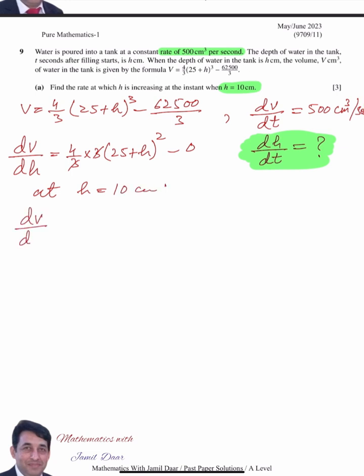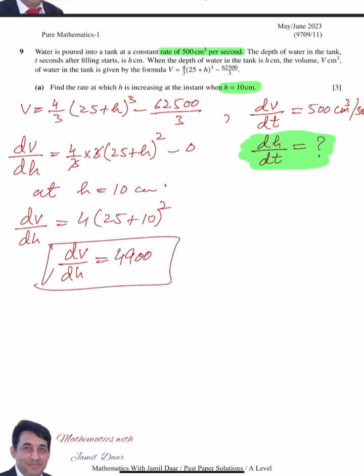That is 4 into 25 plus 10 whole square. Let me do the calculation. So dV over dh is equal to 4900.